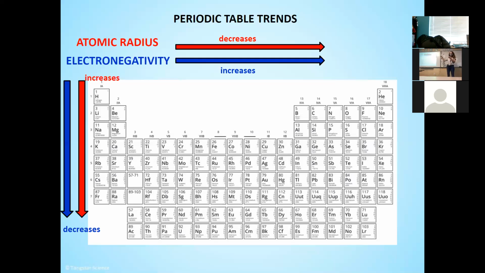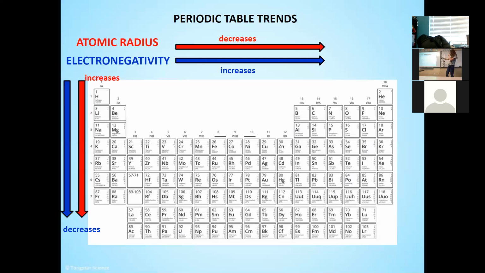Force from those protons is holding on tighter. Fluorine is also extremely electronegative, so it holds on really tightly.